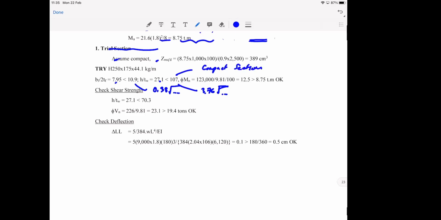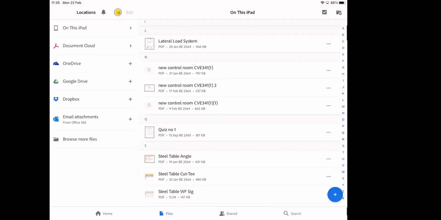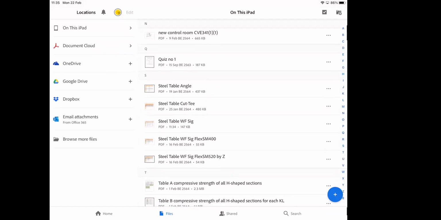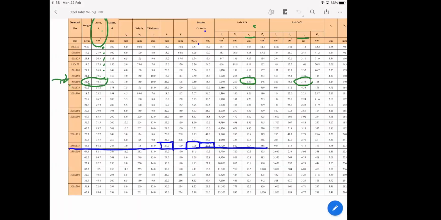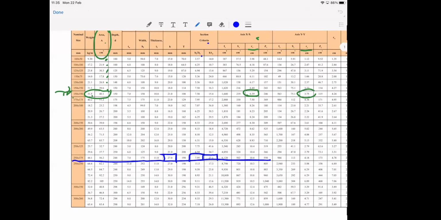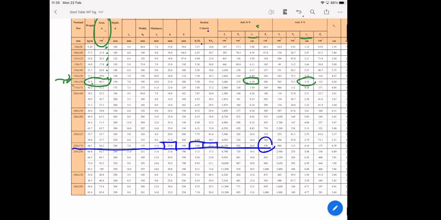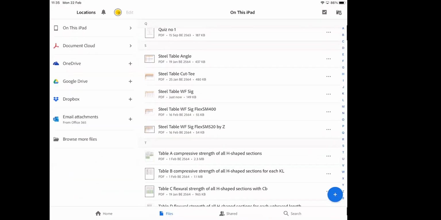And you see sometimes in my example, you can just pick this number up from my table as well, because I now remember that you guys got this table from me. So you can just use the typical table, this one, pick the plastic section modulus here, and multiply by Fy, multiply by phi yourself, or you can just use this table as well.